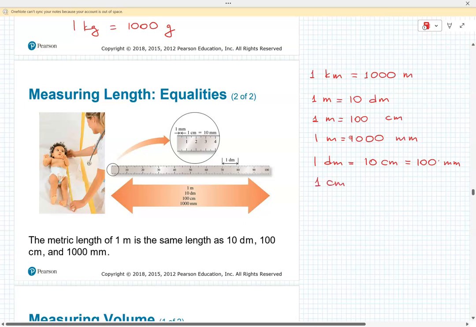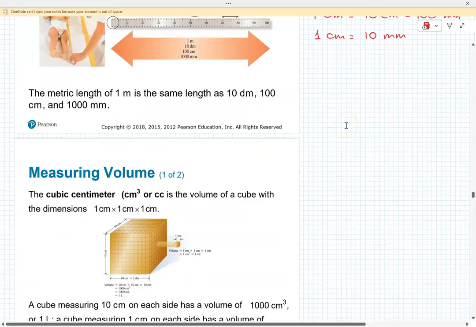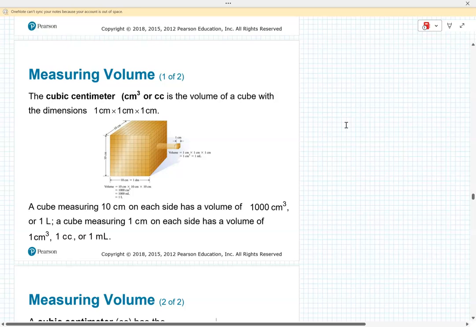And 1 centimeter equals how many millimeters? 10. Sounds good? See how convenient the metric system is. The volume, you can't do that. Remember that conversation that we had before?